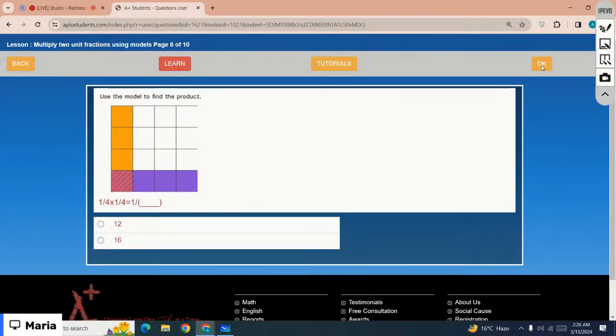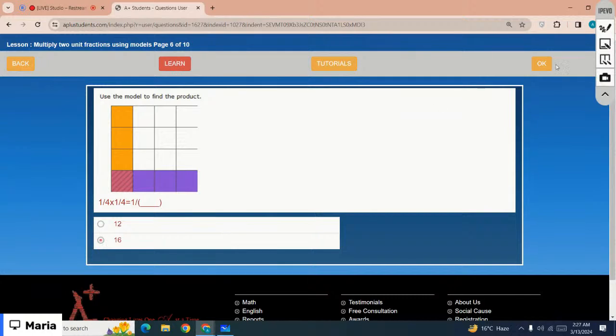Use the model to find the product 1 by 4 times 1 by 4. Yes, that is 1 out of 16.